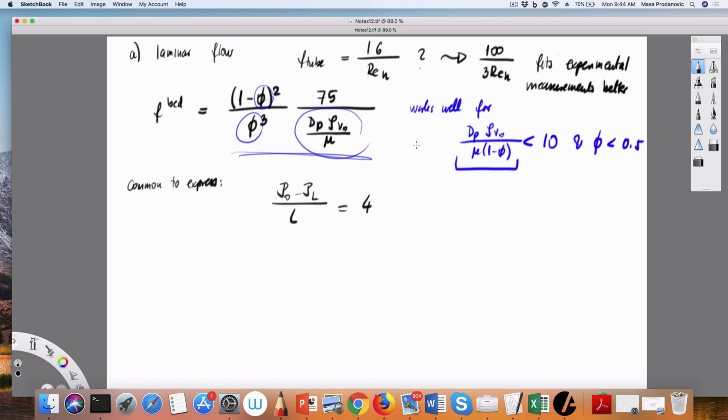If I just express pressure drop through the bed, I'm gonna get 150 mu V0 over dP square, 1 minus phi square over phi cube. And that is the so-called Blake-Kozeny relationship.